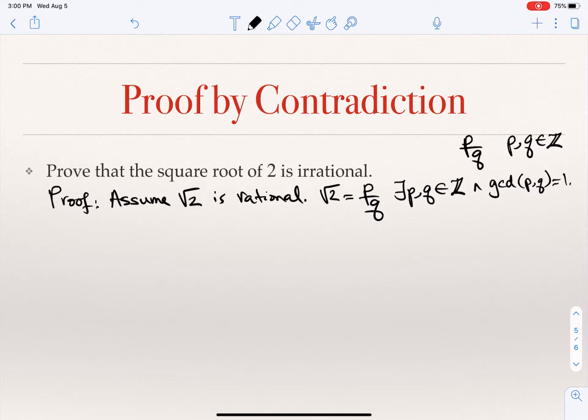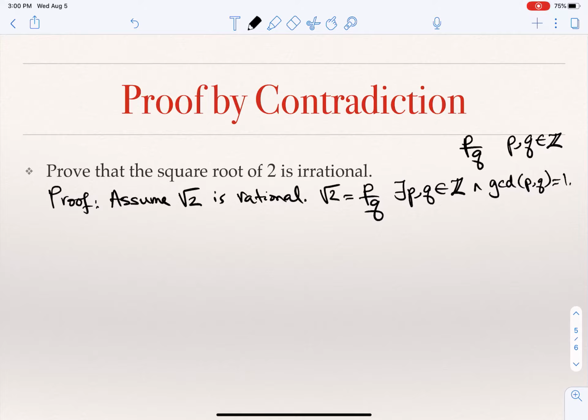Well, if their GCD is 3, then divide both of them by 3. Then you will get to two numbers whose GCD is 1, right? So I can make this assumption without changing the problem I'm trying to work on. So let's now continue, and we will see why I made this assumption that the GCD of p and q is 1.